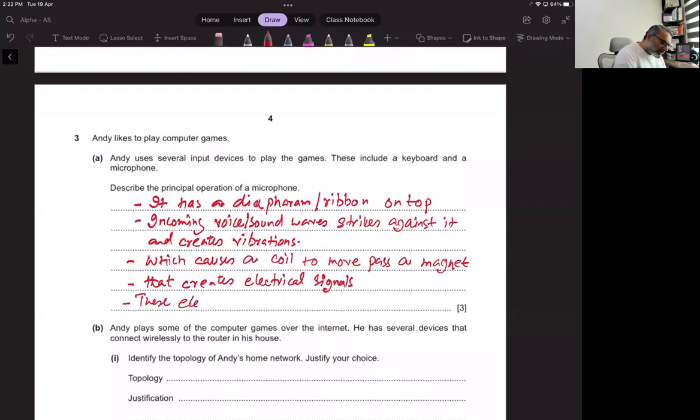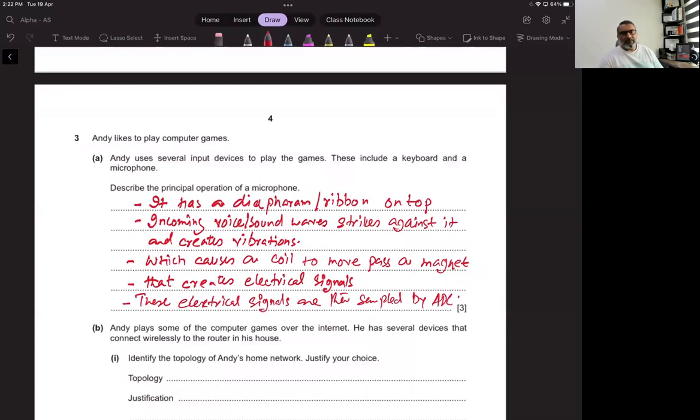These electrical signals are then sampled by ADC.